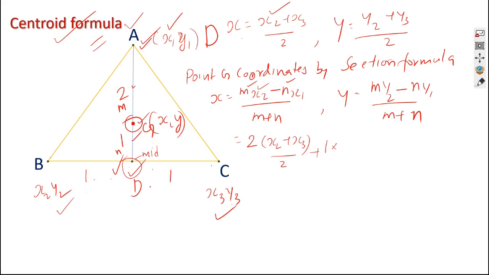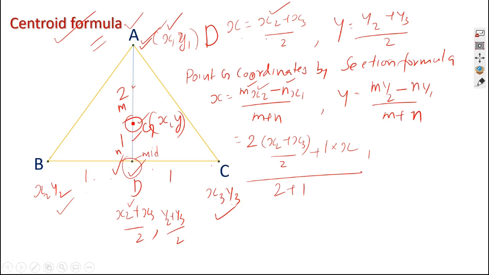Actually, I should copy (x2 plus x3) upon 2 as the x coordinate of D and (y2 plus y3) upon 2 as the y coordinate of D. So this one we used. Then 1 into x1, this one. And m plus n: M की जगह पे we are having 2 and n की जगह पे 1. Right?